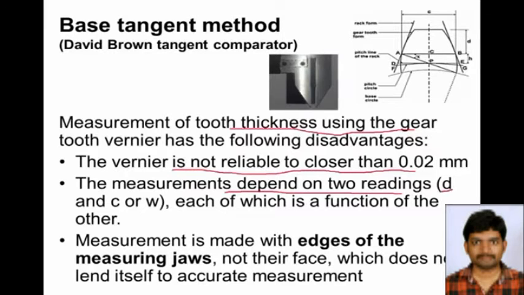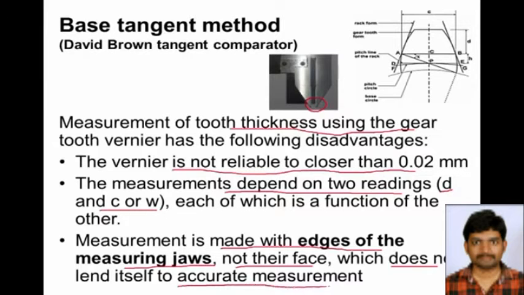The measurement depends on two readings, that means D, the depth, and the constant chord or chordal thickness, each of which is a function of the other. And measurement is made with the edges of the measuring jaws, not their faces, which does not lend itself to accurate measurement.